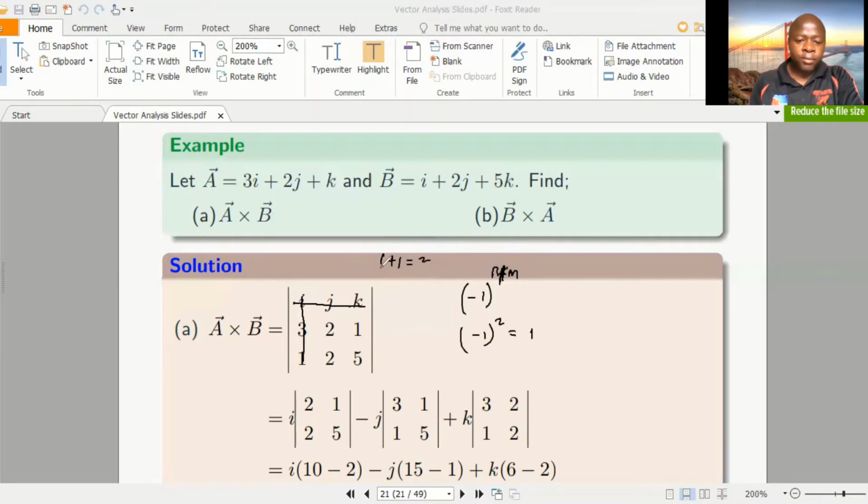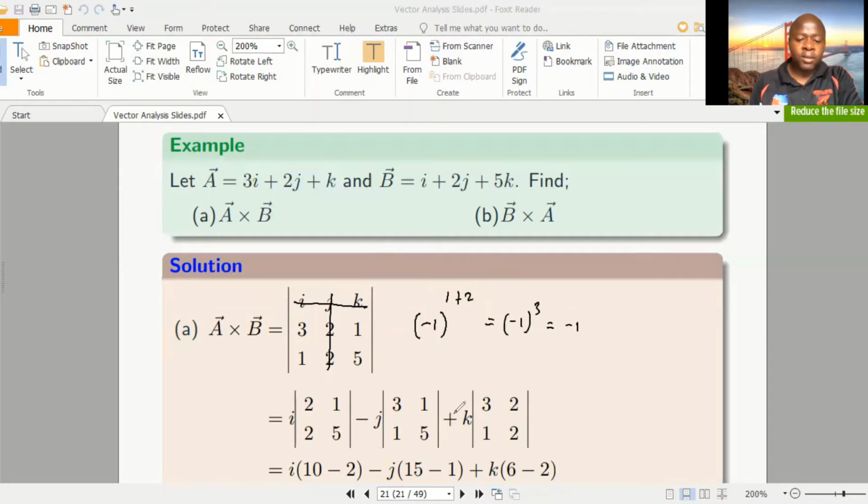What about J? J here is in row 1 and is also in column 2. So if I raise negative 1 to 1 plus 2, this is the same as negative 1 raised to 3, and the answer will be negative. So that's why you see this negative here. This matrix is what remains when you delete the row of J and the column of J. So when you delete the row of J and the column of J, you're left with 3, 1, 1, 5.